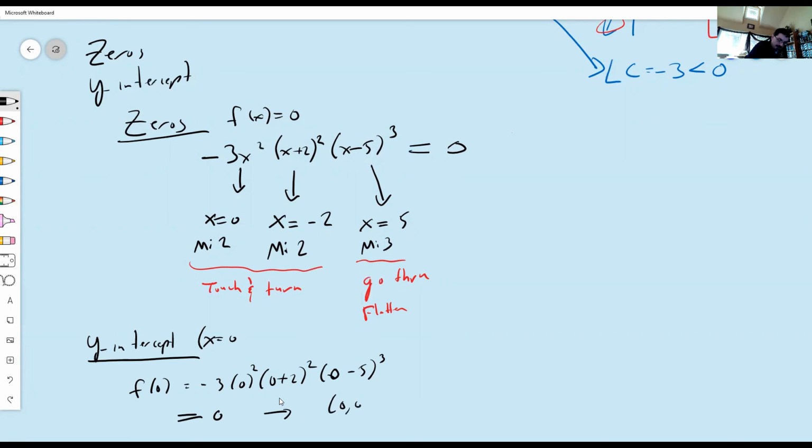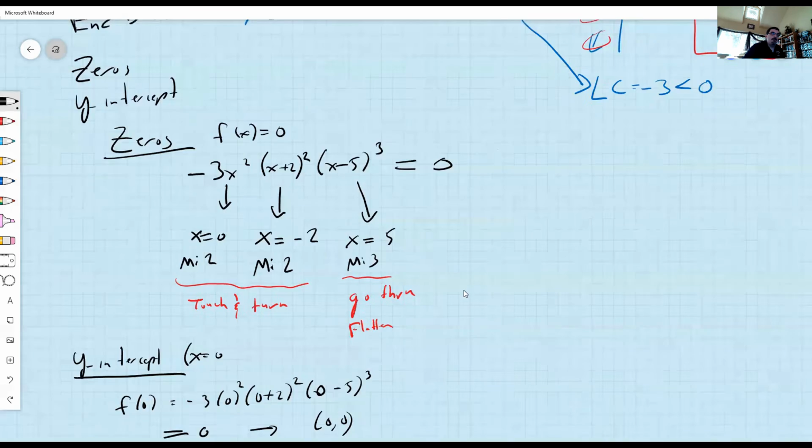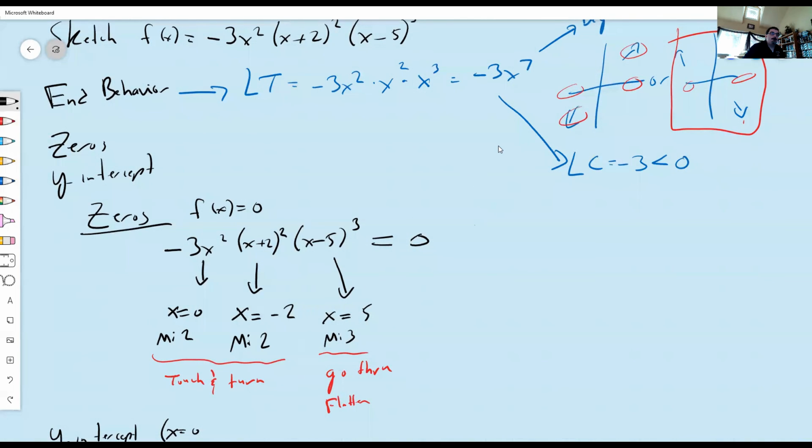So we're going to cross the y-axis at 0, 0. I believe that's it. Now we're going to draw a picture.